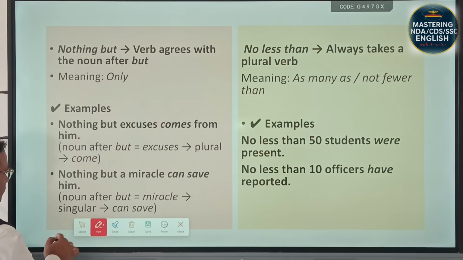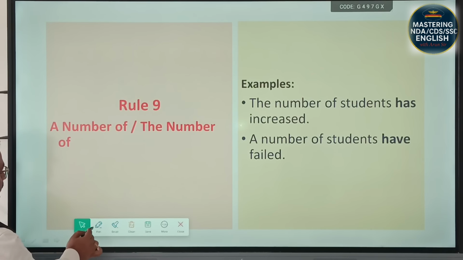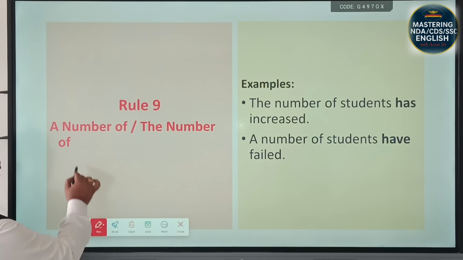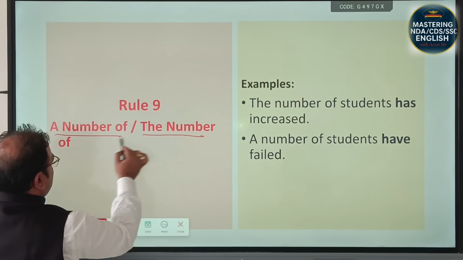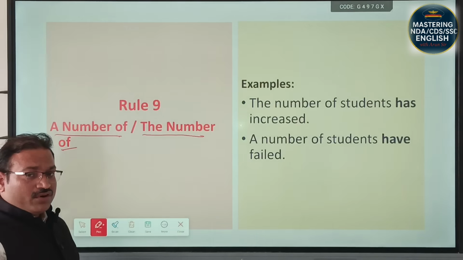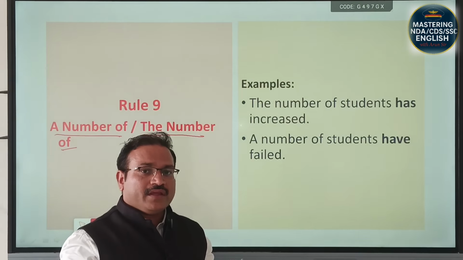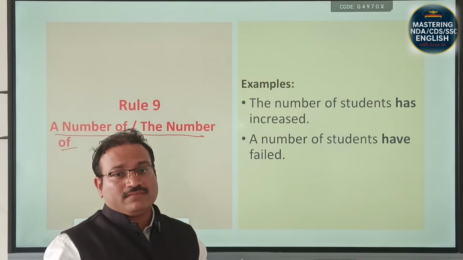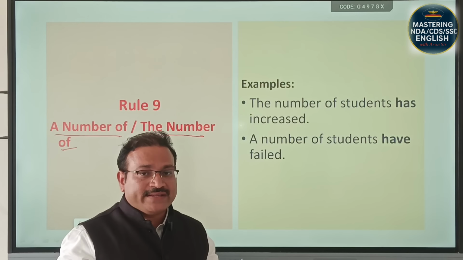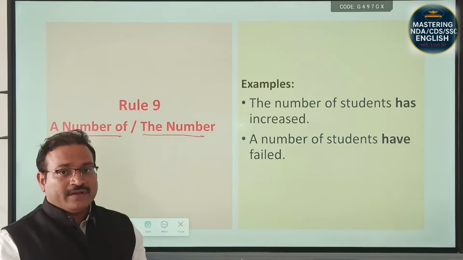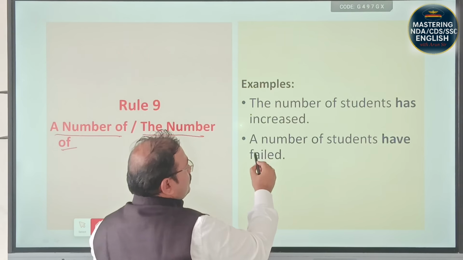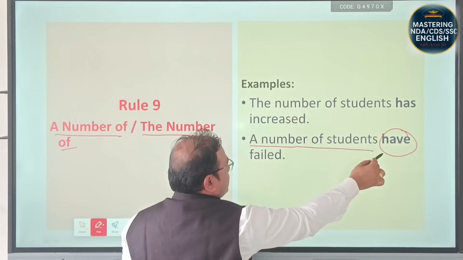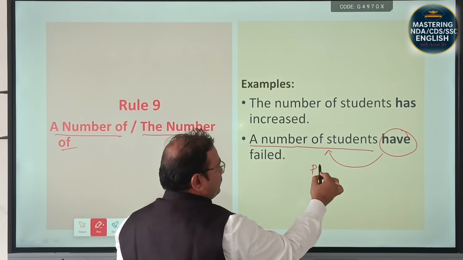Now the next rule, this is very very important one. A number of and the number of. A number of is plural. A number of is followed by plural nouns, and the number of is singular. A number of students have. Why? Because it is plural.